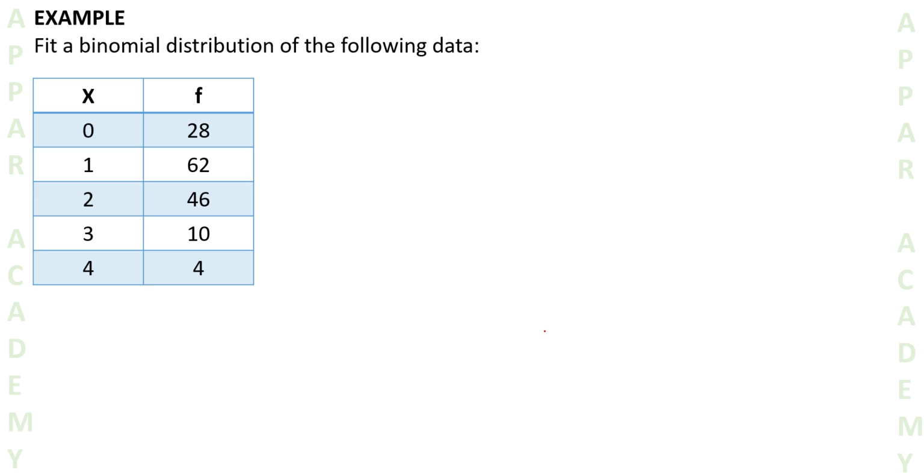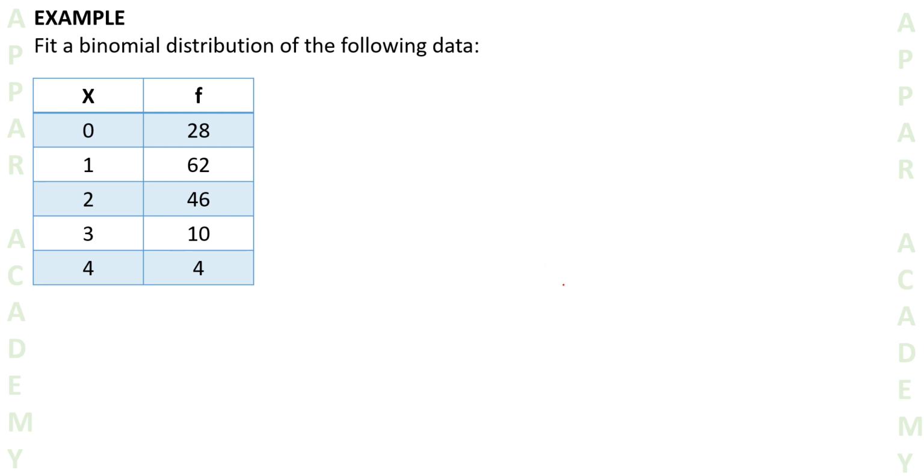Let's see, we have a data that states: fit a binomial distribution to the following data. We are given the values of x equal to 0, 1, 2, 3, 4 and f equal to 28, 62, 46, 10, 4 respectively.